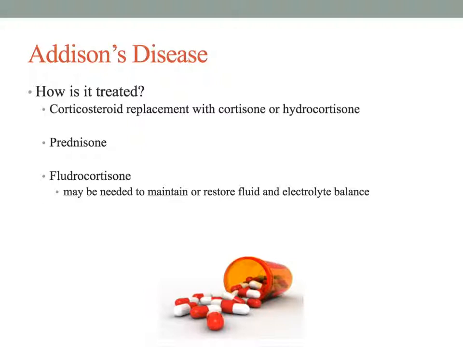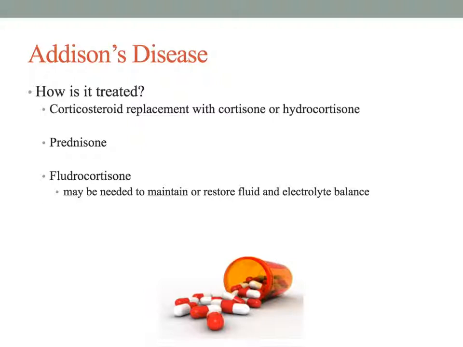But in these patients, they don't have the ability to supplement their cortisol levels in stressful situations. So they might need to alter their dose a little bit. They might have to adjust it, especially in hot weather when sodium is lost because of excessive perspiration, and especially in times of extensive stress.